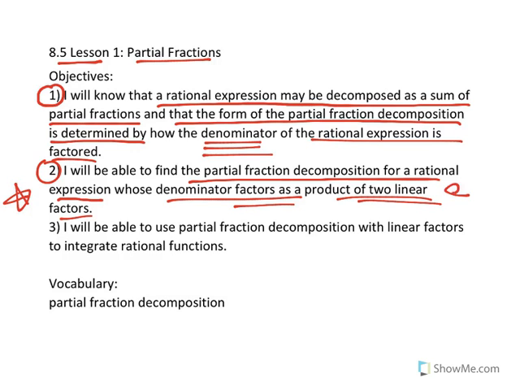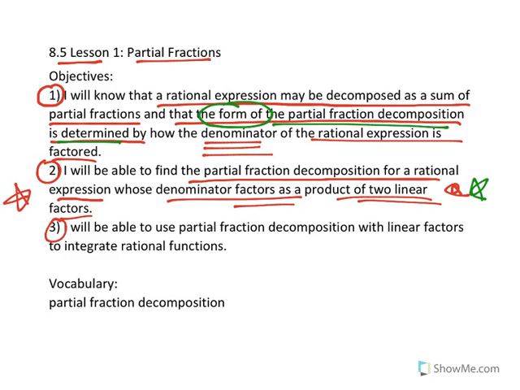But the one that we're focusing on today is like the example that you saw preceding this, where the denominator factors as a product of two linear factors. If that happens, what form of the partial fraction decomposition will you have? We will discuss that today for this particular case, and we will look at other cases later.